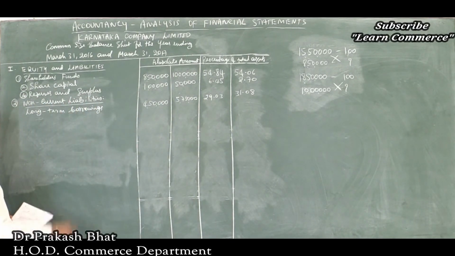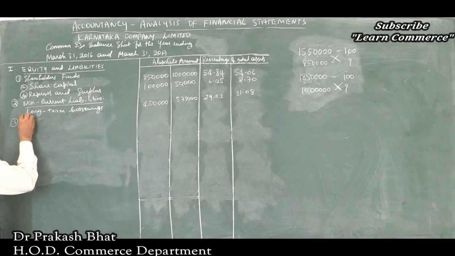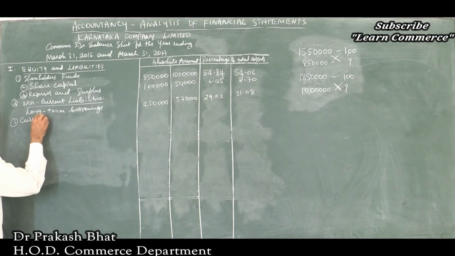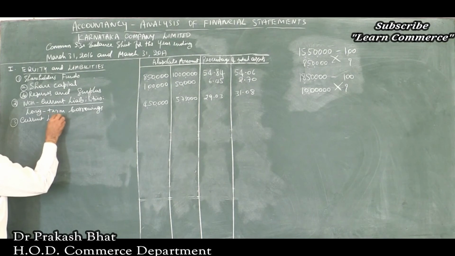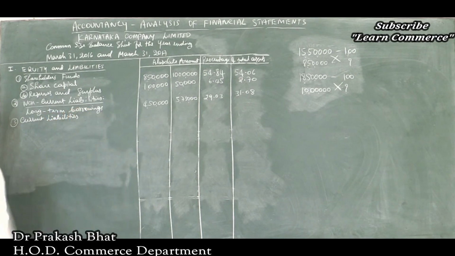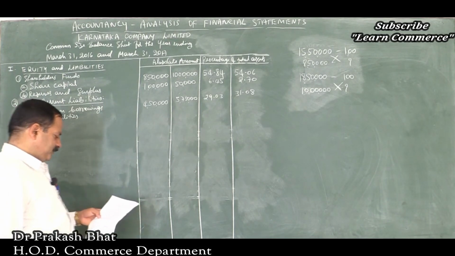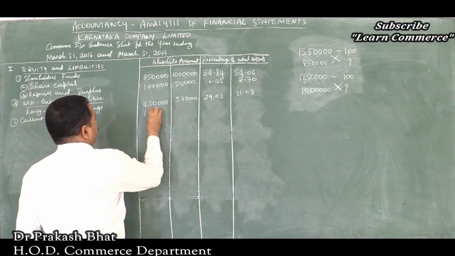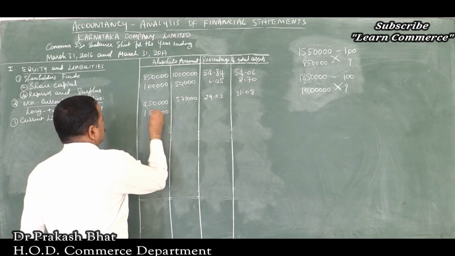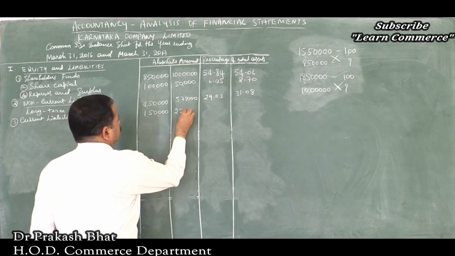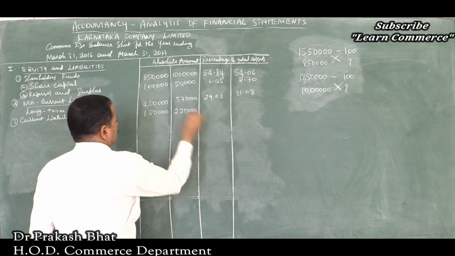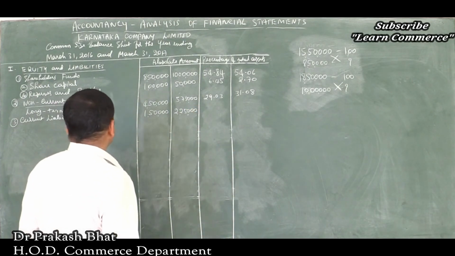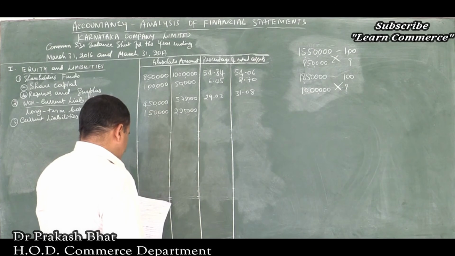Then current liabilities, the third one. Current liabilities, how much? 1,50,000 and 2,25,000. Correct? Yes. Calculate the percentage.